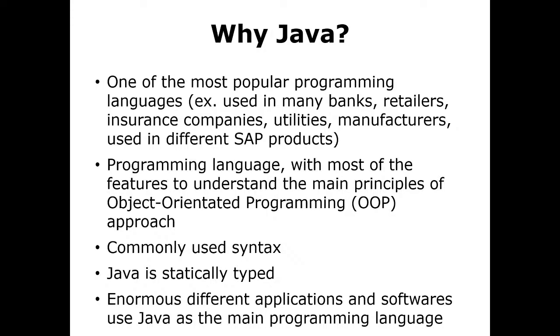But Java is not the same as JavaScript. I hope every one of you knows that JavaScript is not the same as Java. These two languages are absolutely different. But yes, in general, if you learn the syntax of Java, you will be able to switch to most other programming languages easily.